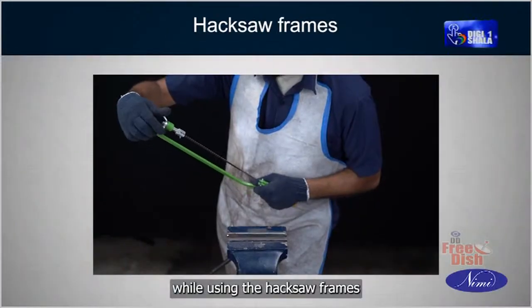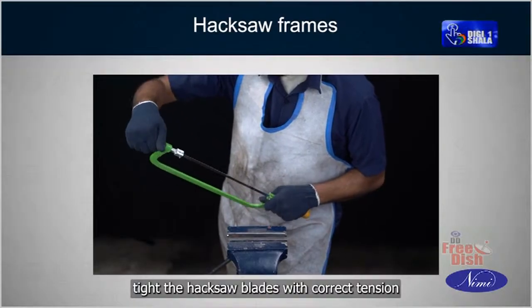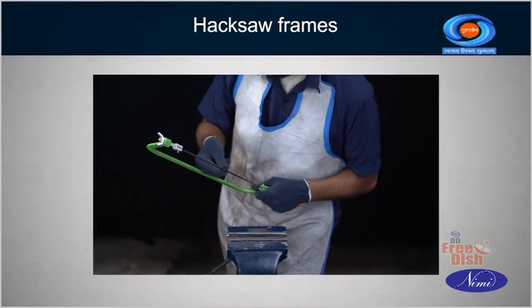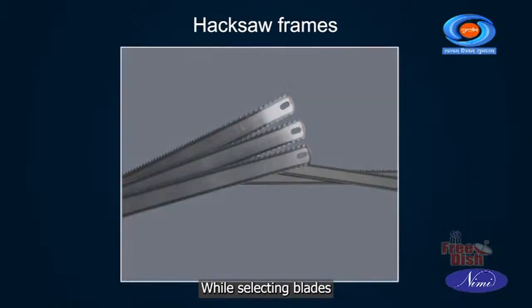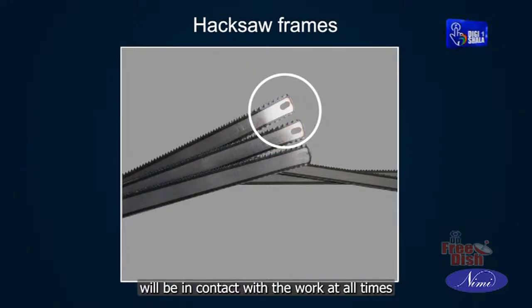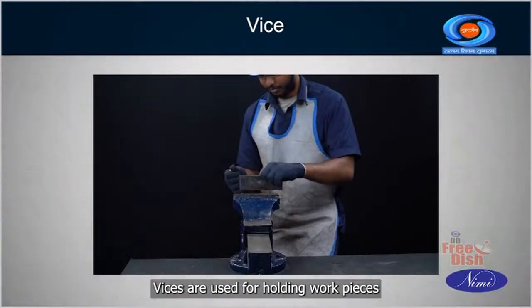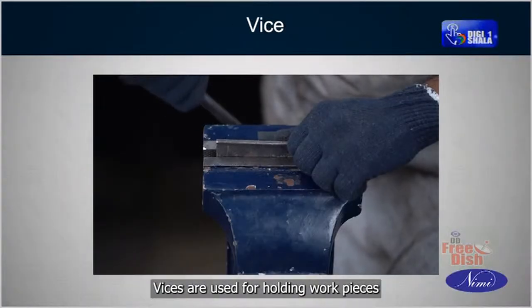While using the hacksaw frames, tighten the hacksaw blades with correct tension. While selecting blades, make sure at least 2 teeth of the blades will be in contact with the work at all times. Vices are used for holding workpieces.